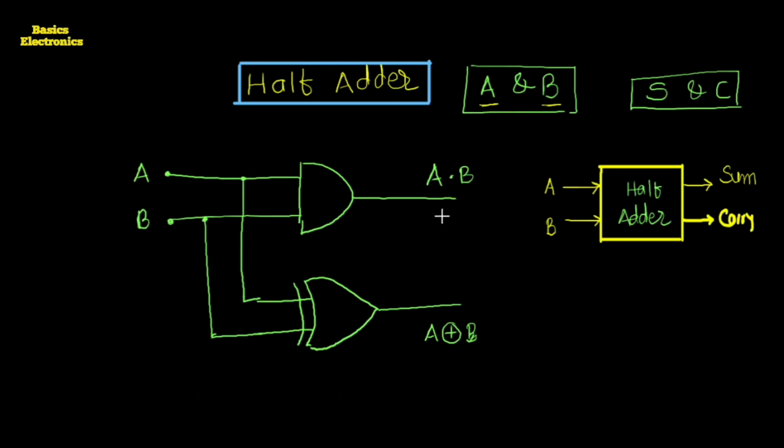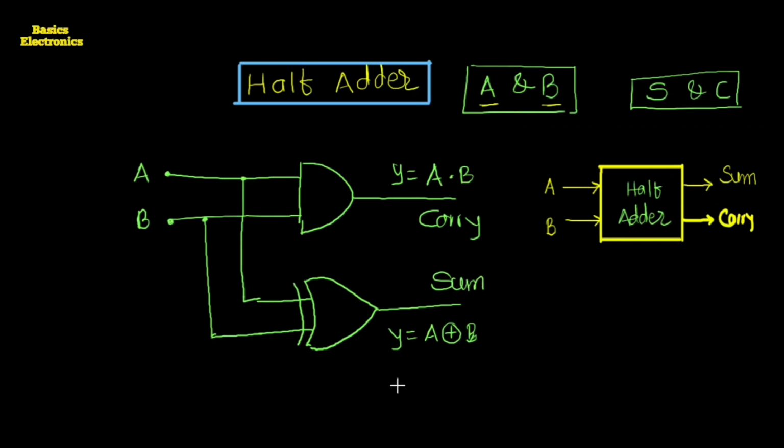First output is Y equals A dot B, and this is the carry generated. The second output is Y equals A XOR B. This one is the sum produced.